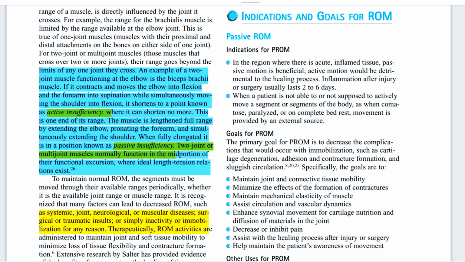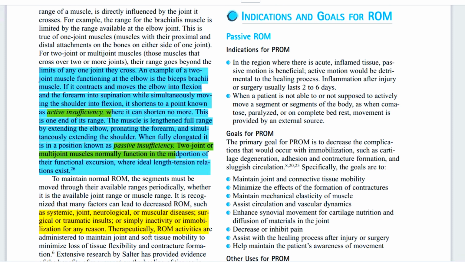After that, you can assist circulation and vascular dynamics. Basically, you can perform certain movements like ankle pumping and heel slides. You can assist in certain ranges, the flexion and extension ranges of the foot, ankle joint, knee joint, hip joint, shoulder, and elbow, to assist circulation and vascular dynamics. After that, you can enhance synovial movement.